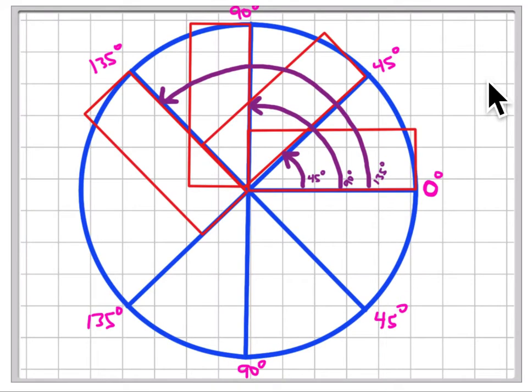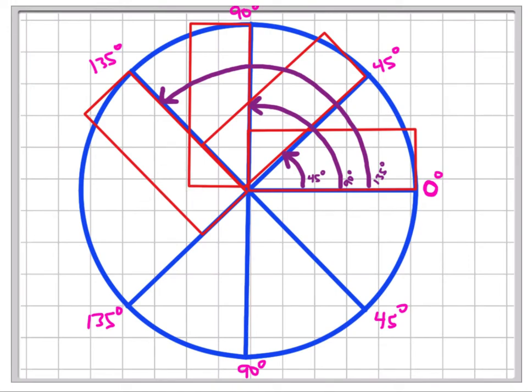What you're supposed to figure out is which rotation do you end up with, starting with this rectangle right here, and do you end up with a rectangle in this position right here, kind of pointing from the lower left to the upper right. Is it a 45-degree rotation or a 135-degree rotation?